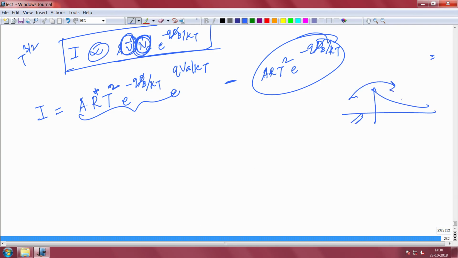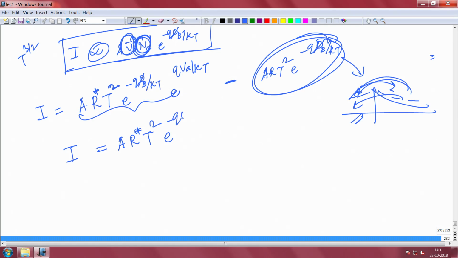This to this and this to this is equal. They balance each other, but the moment you apply forward bias, more electrons will come here. So, this current has to be subtracted. Eventually the current will look like A Richardson constant T square exponential of minus q phi_b by kT times e to the power q V_A by kT minus 1.